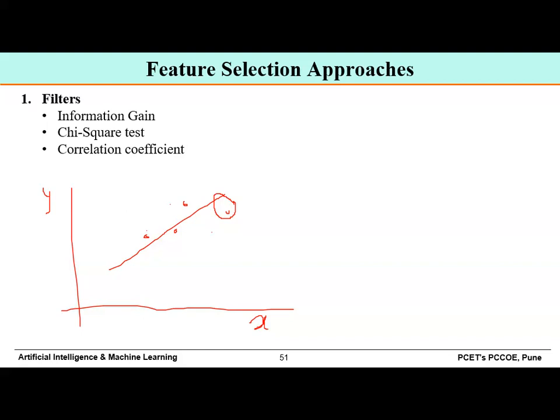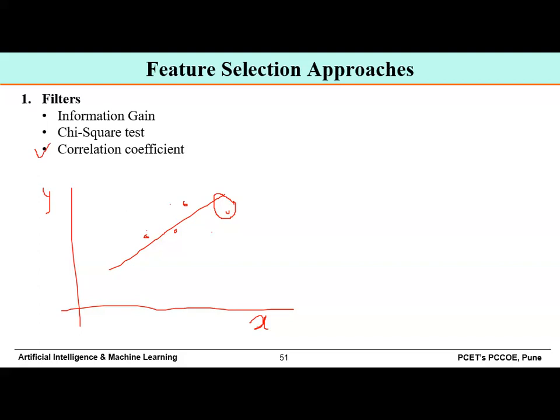But if we have thousands of data points, then it's very difficult to physically check how many data points are very close to the straight line and how many of them are far away. So instead of relying on visual inspection, it is better to use a technique like correlation coefficient.